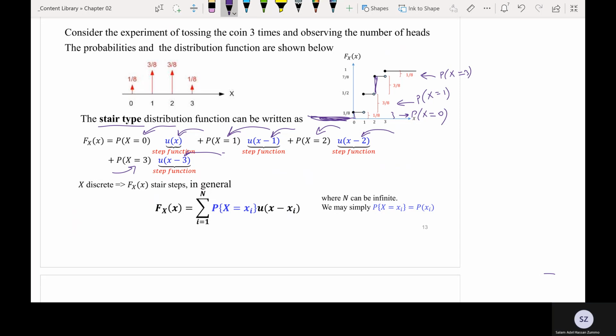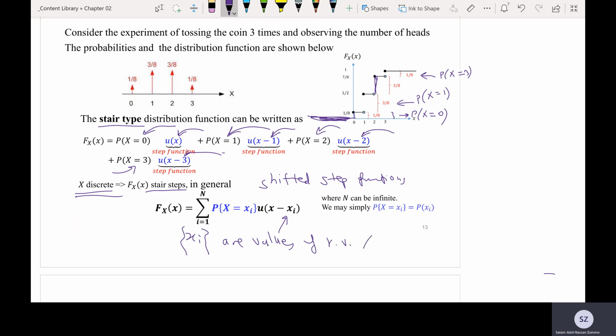Okay, so in general, for x discrete, f(x) of x is a stair step function. In general, it is a summation of shifted step functions, located at the xi's, where the xi's are the values of the random variable x.